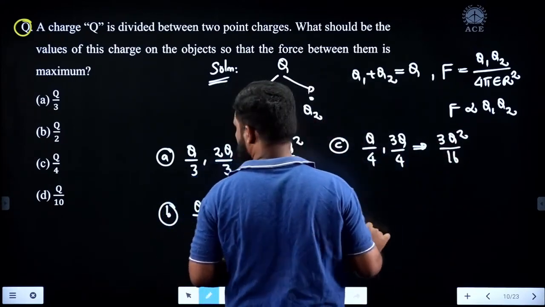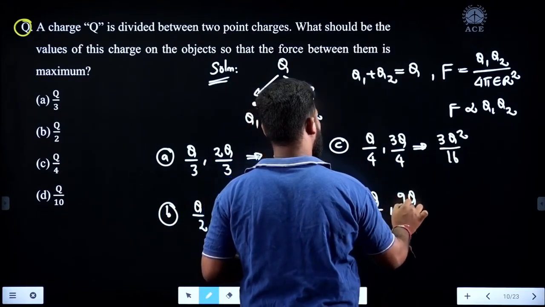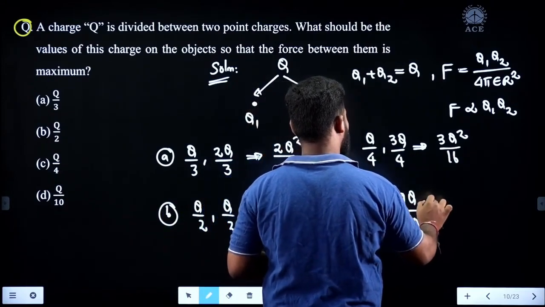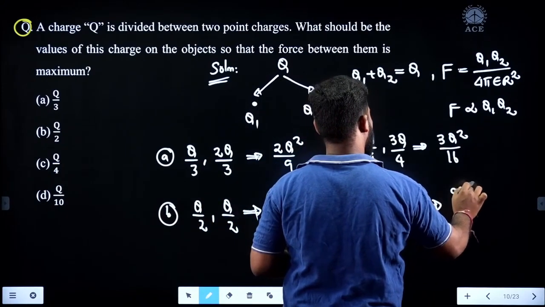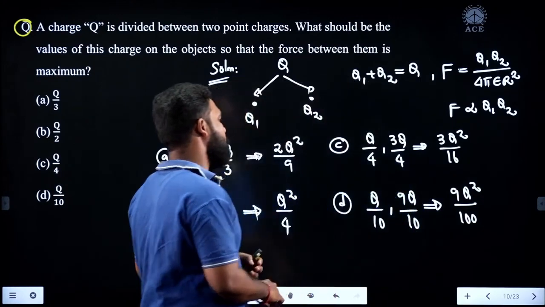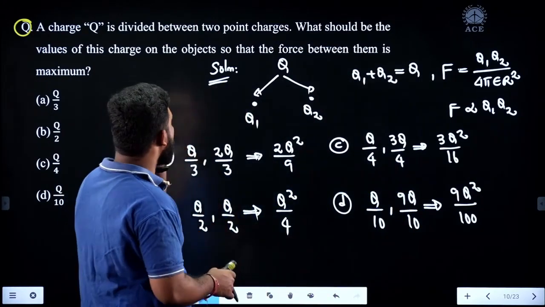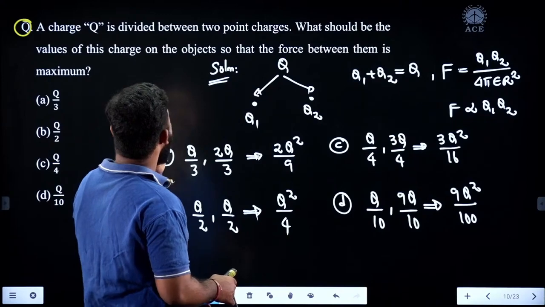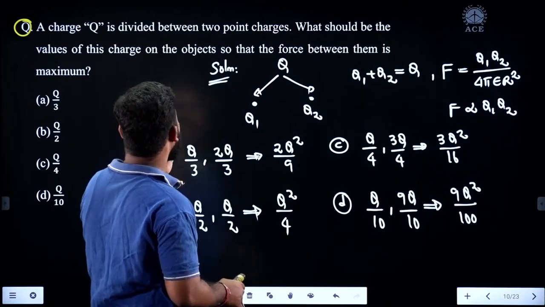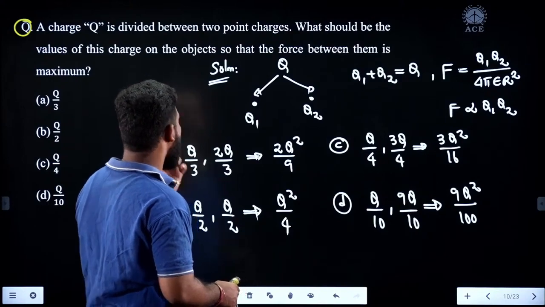Option D, here it is Q by 10. The other charge is 9Q by 10. What is the product of the charges? 9Q square by 100. So which is the maximum among them? That will be the answer. That is what he is asking: what should be the value of the charge on the objects so that the force between them is maximum?